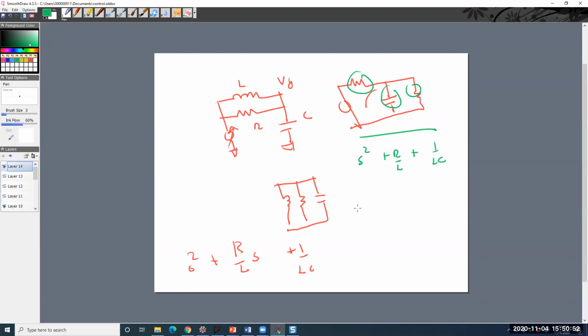And then you could have, let me just draw that more inductory. All right, what if I want to see what's going on here? Short the input. You can see all of these are in parallel. And so you get the parallel denominator.